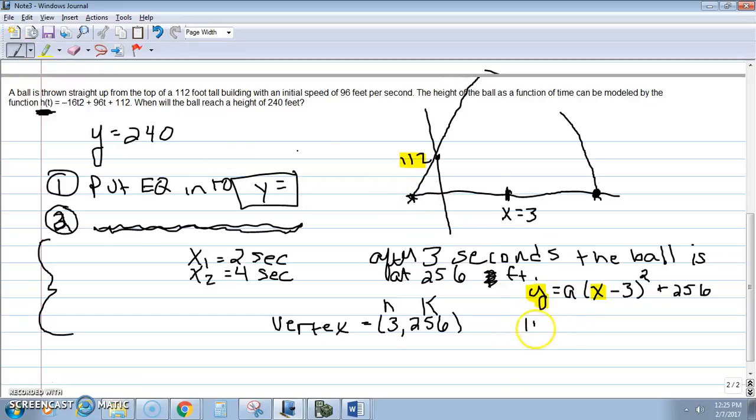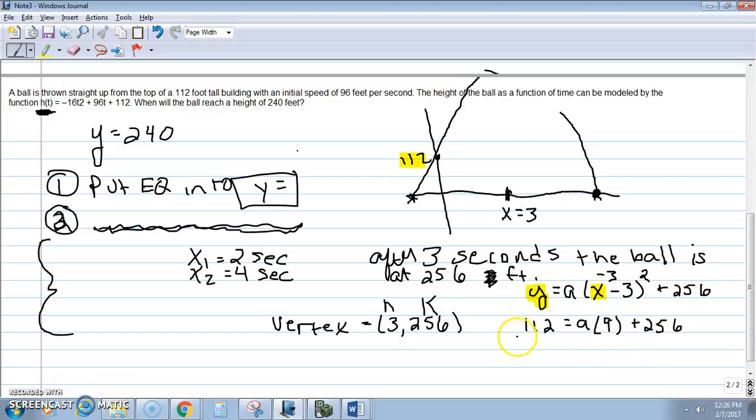So 112 equals a times 0 minus 3 is negative 3. Squared is positive 9, so I'll just put 9. Plus 256. So subtract, oh, you guys, I'm such a dork. Well, let's make sure we get this. You guys will see what I was just thinking in my head by the end of this.